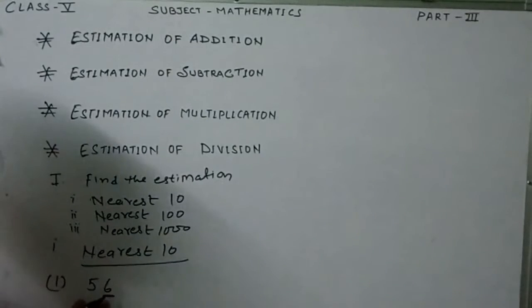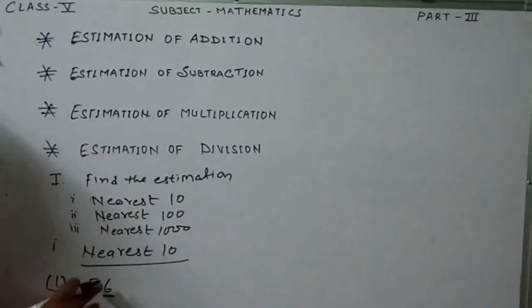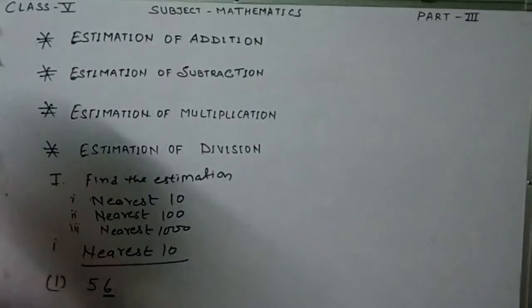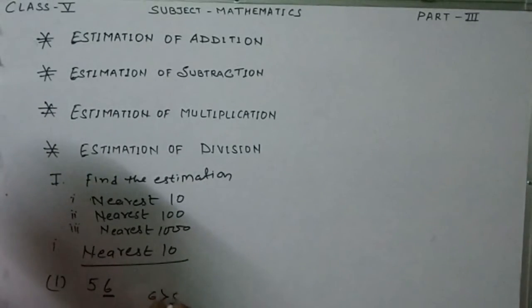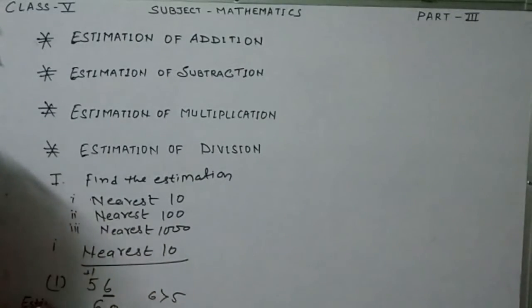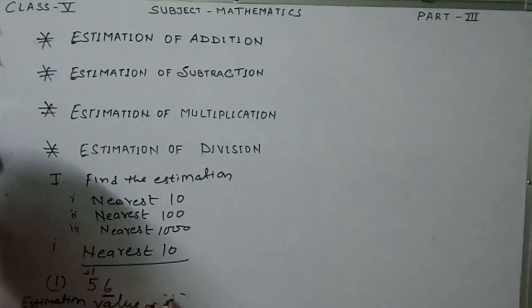If the ones digit is greater than 5, then you add 1 to the next digit and the ones digit becomes 0. Here 6 is greater than 5, so you write 0 in the ones place and add 1 to the tens, that means 60. The nearest 10 estimation value of 56 is 60.